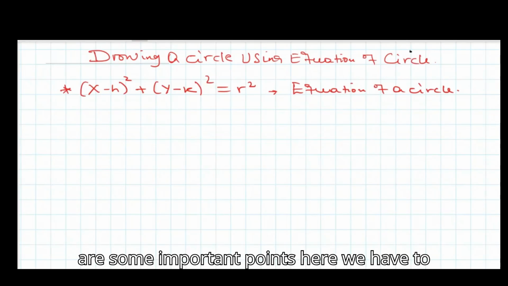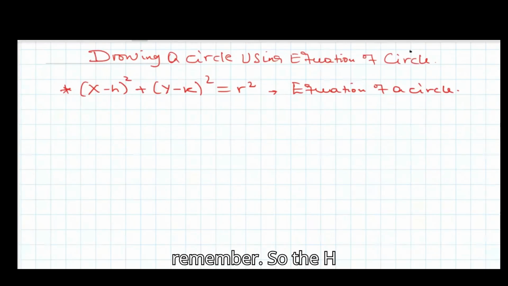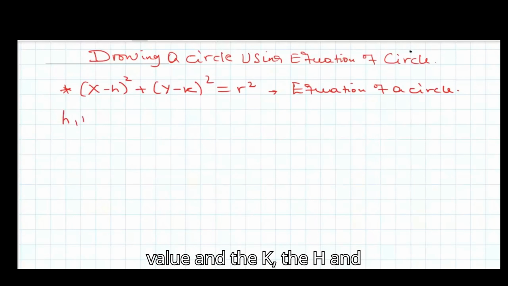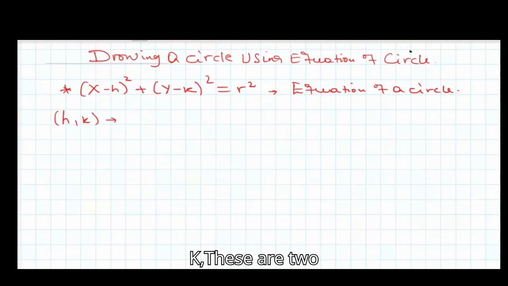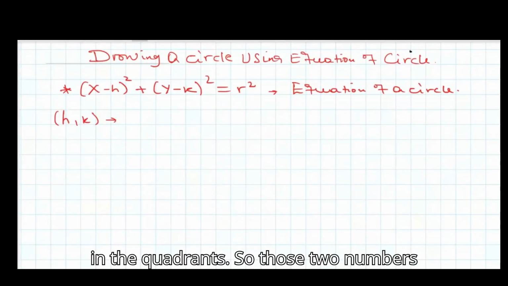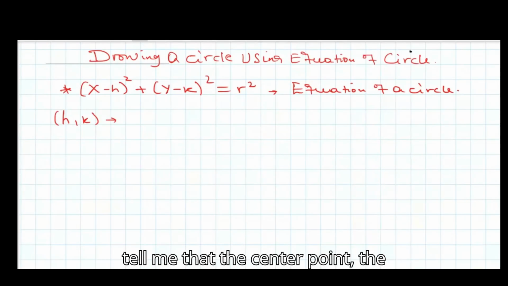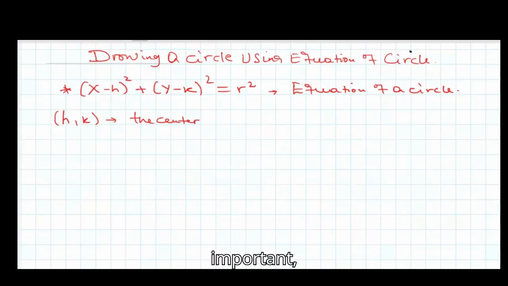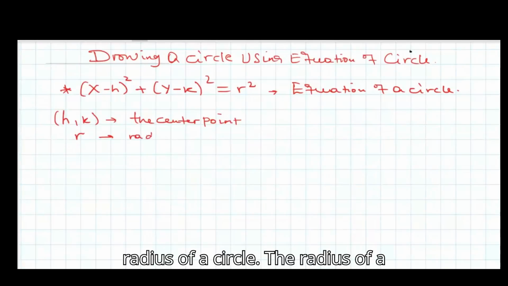Now there are some important points we have to remember. The h value and the k are two numbers in the quadrants, and those two numbers tell me the center point. This is very important: the center point. And r is the radius of a circle.